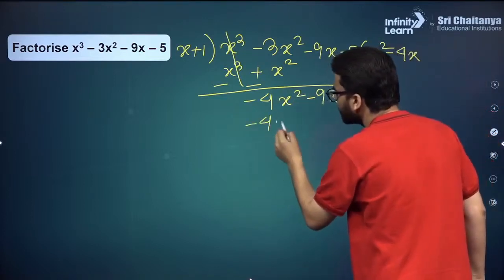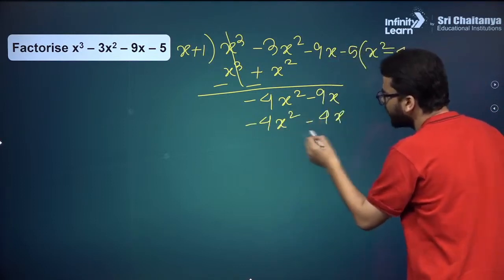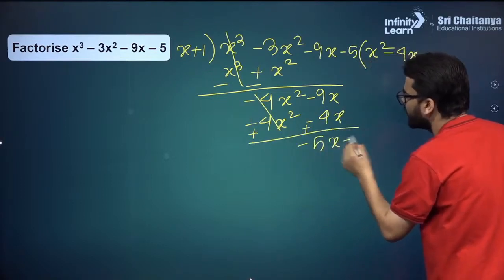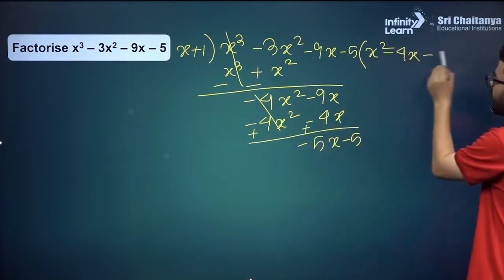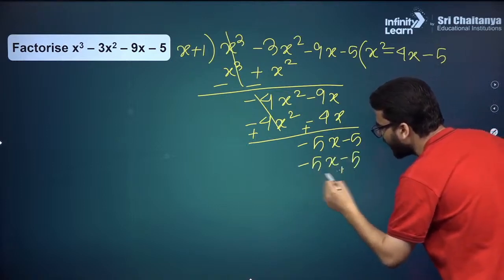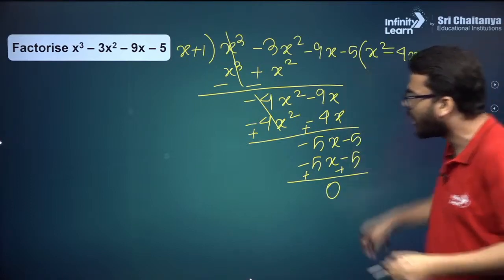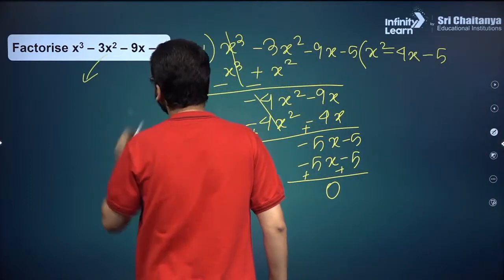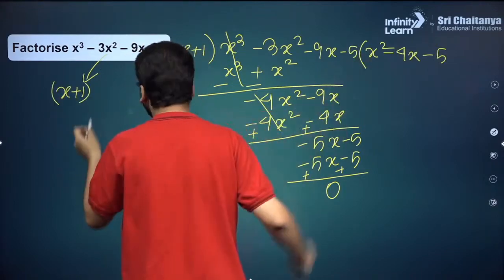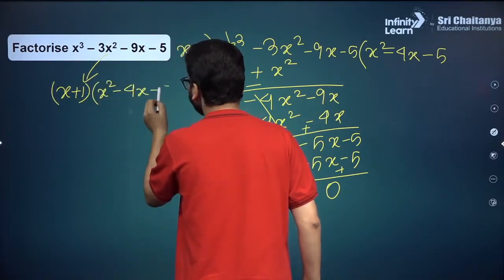It will give you -4x square -4x. Change the sign and add. So this will give you -5x -5. So I can multiply over here by -5, so I will get -5x -5. Change the sign and add. You'll get 0. So what does it mean, guys? It means that the polynomial is nothing but equal to x plus 1 into this quotient. X square minus 4x minus 5 or not, guys? Tell me.